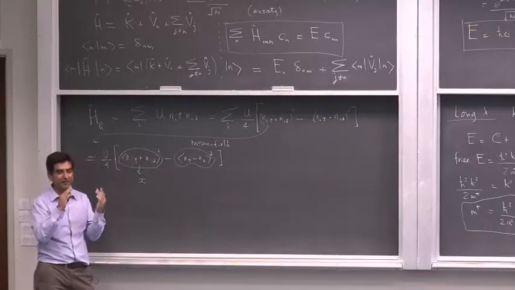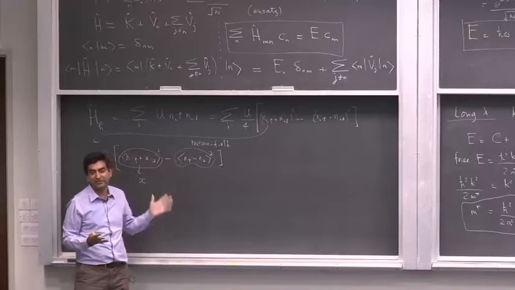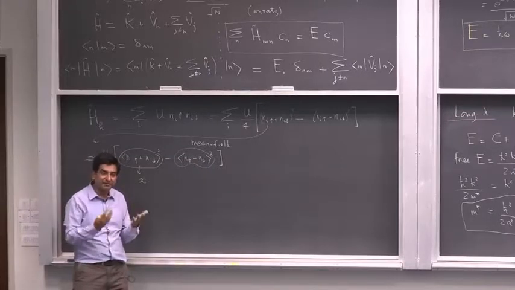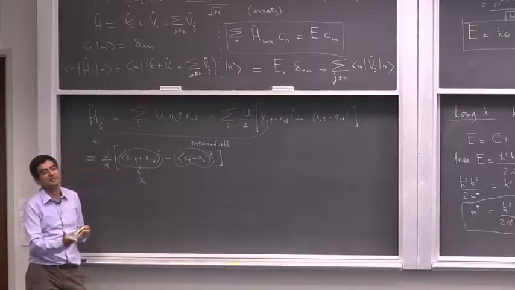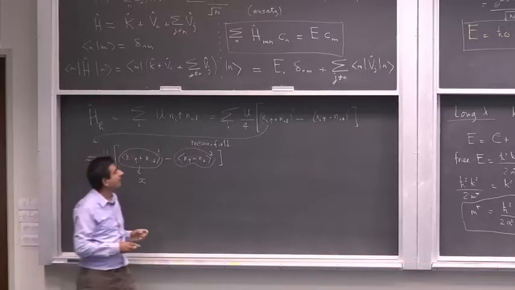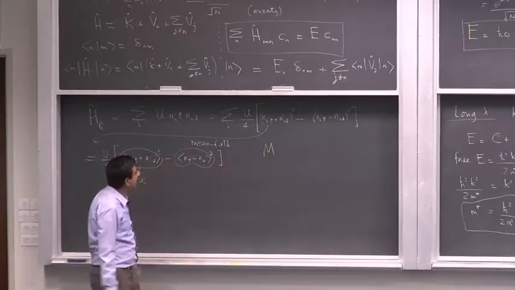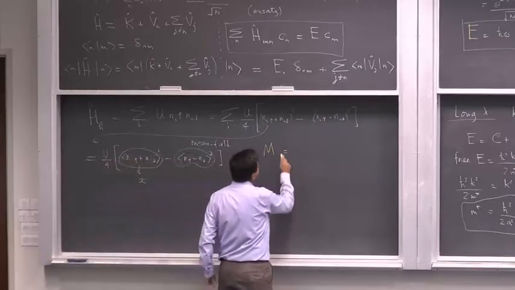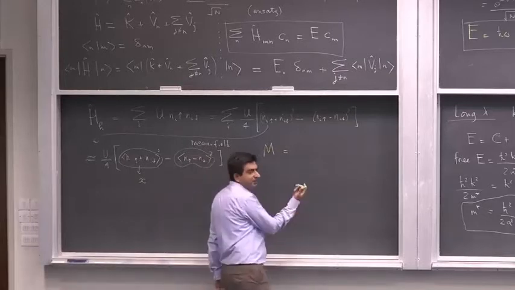Yeah, spin up, spin down. If this is 0, the sample will be unmagnetized. If this is large, the sample will be magnetized. So this is really going to be proportional to the magnetization of the sample. Correct? Hence, I would like to write this in terms of the magnetization. If I'm talking about spin half particles, I'm taking g to be 2.